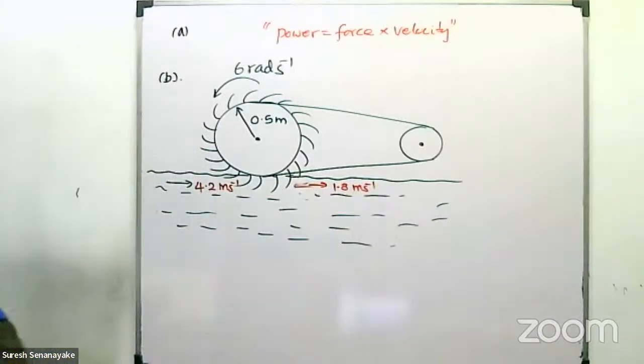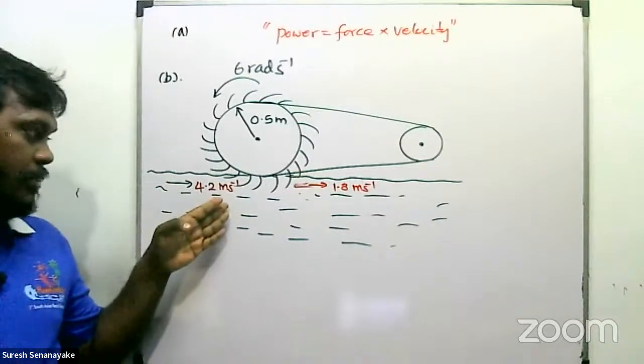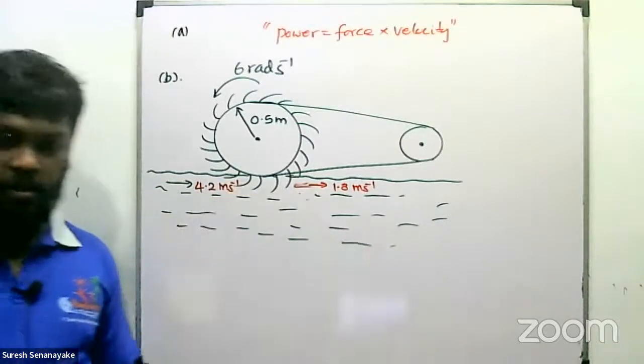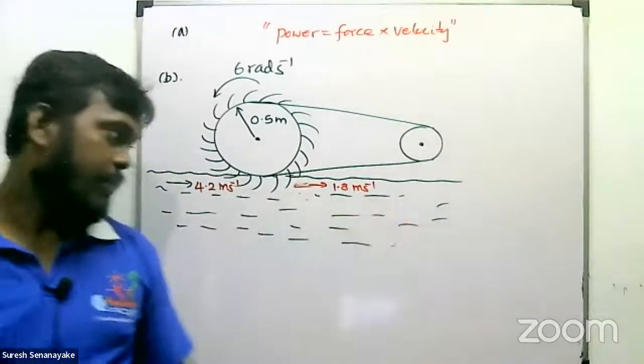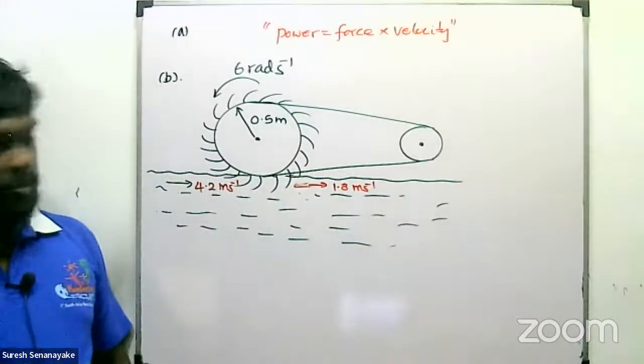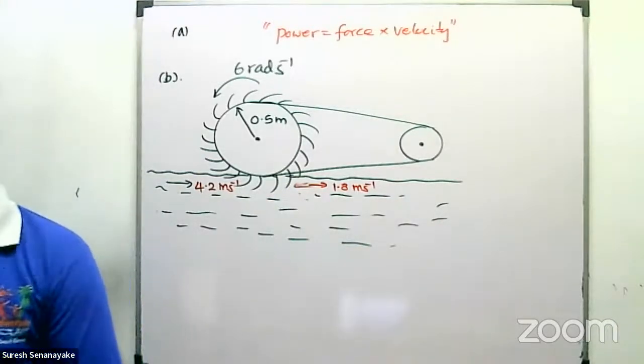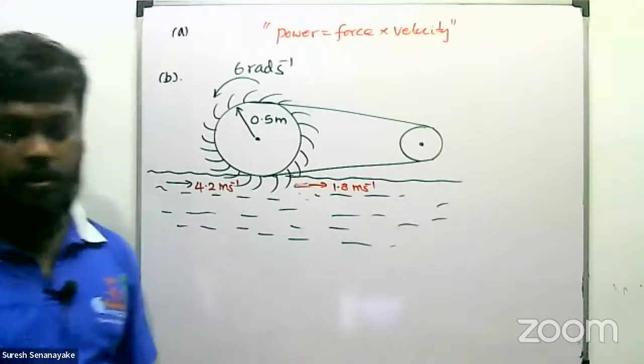The water comes towards the wheel with 4.2 meters per second, and after the wheel it leaves with 1.8 meters per second. It's clear, right?